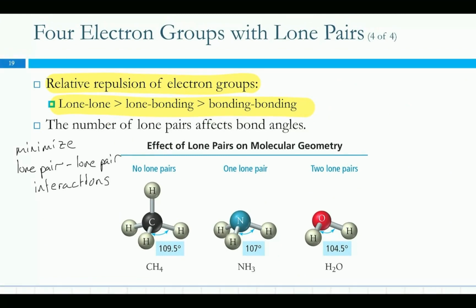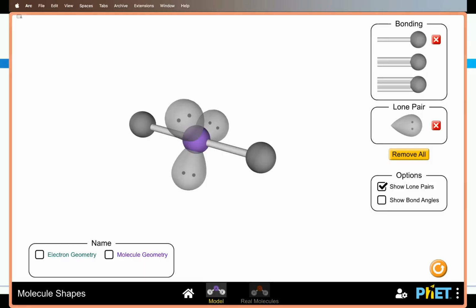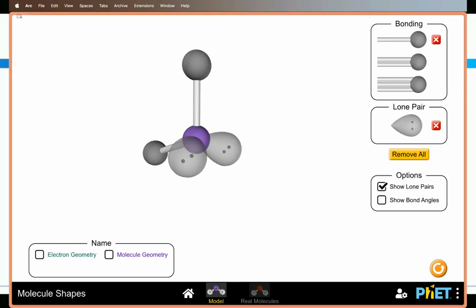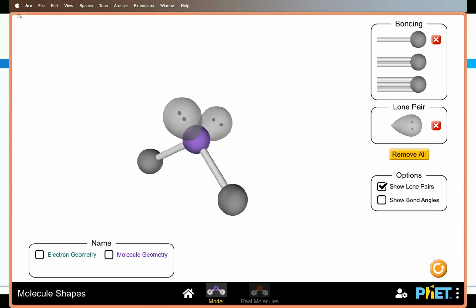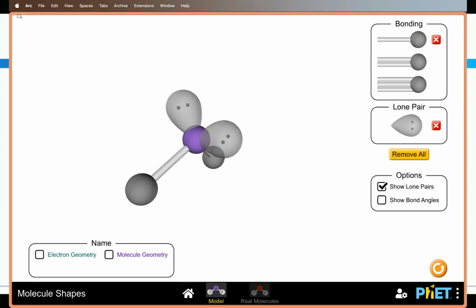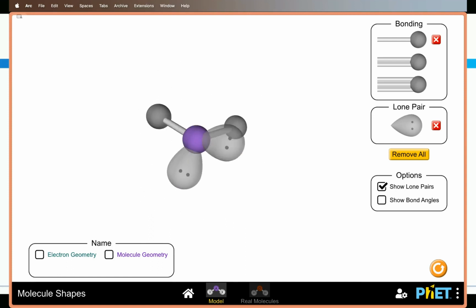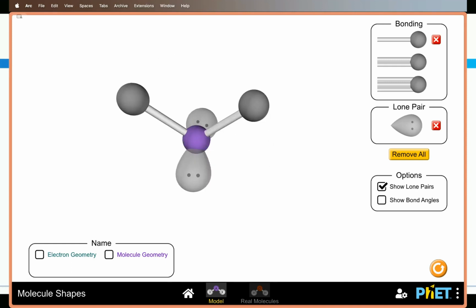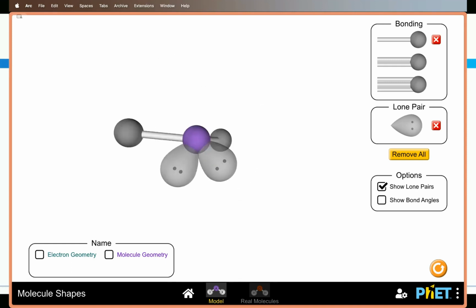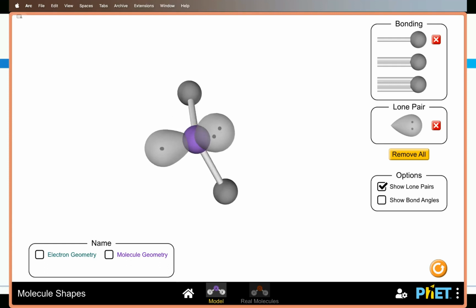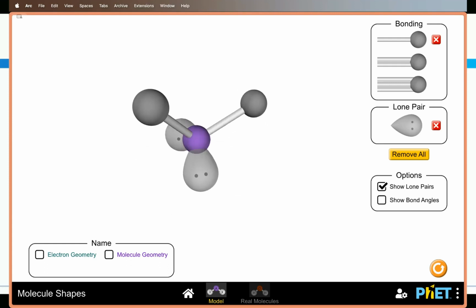Actually, here, for water, which is the only one we've seen so far that has a lone pair, is there any way that I can make it so the lone pairs aren't next to each other? I can try to move this one to not be next to the other lone pair, but because of the way the geometry is, there's no space farther away.